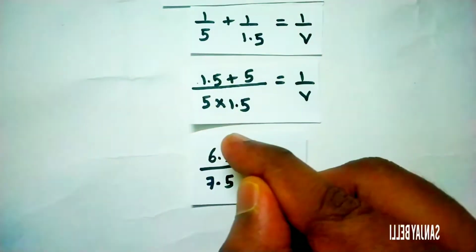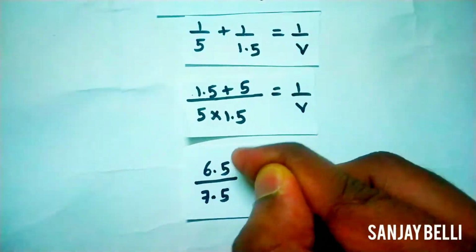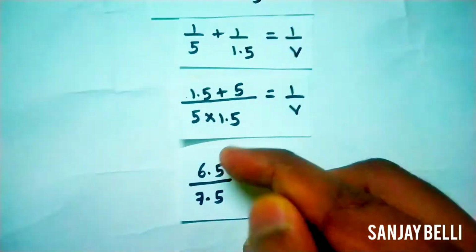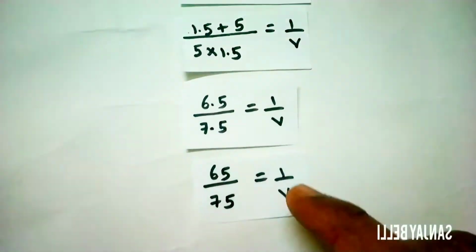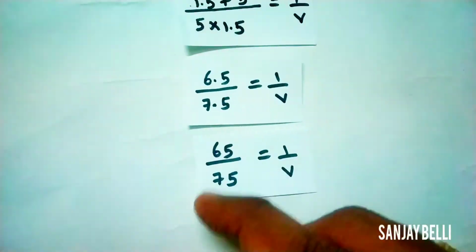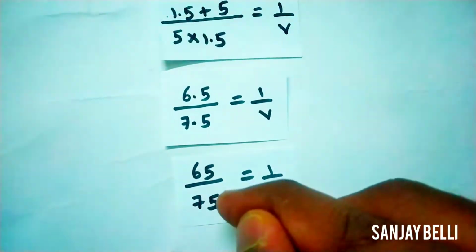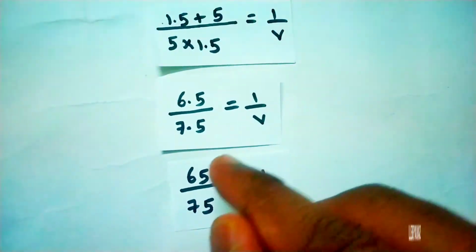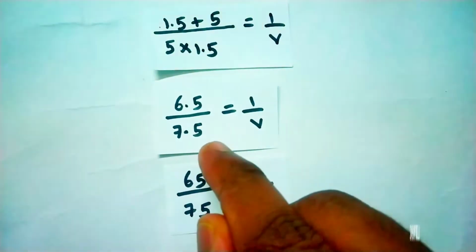So now you can cancel the decimal point, or you can multiply and divide with 10. Once you multiply and divide with 10, it will become 65 by 75 is equal to 1 by V. We want the V value, so here you can go for cancellation also. By using the 5 table we can cancel. 5 ones are 5, 5 threes are 15.